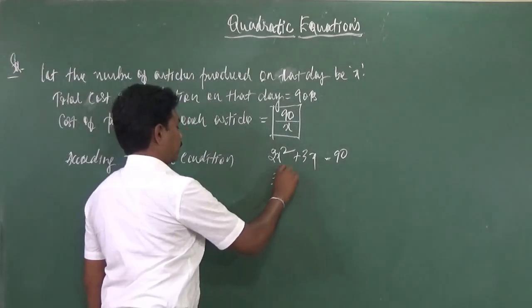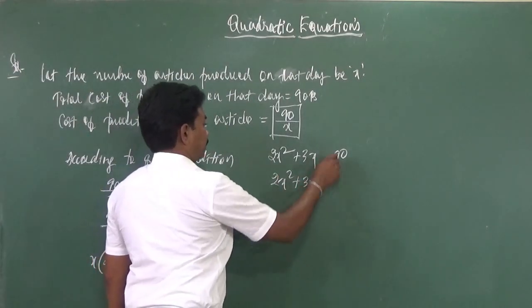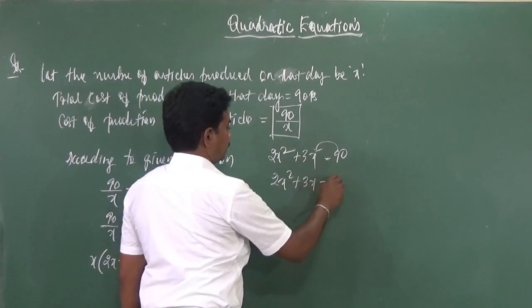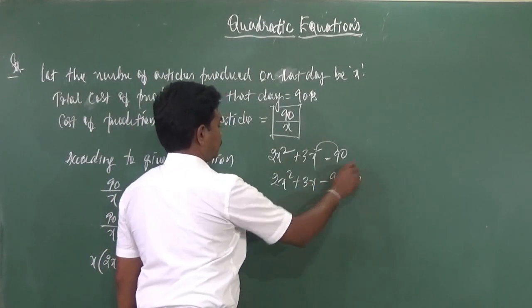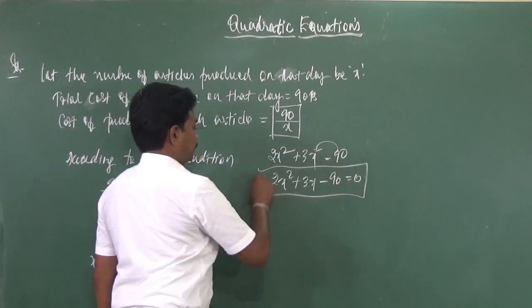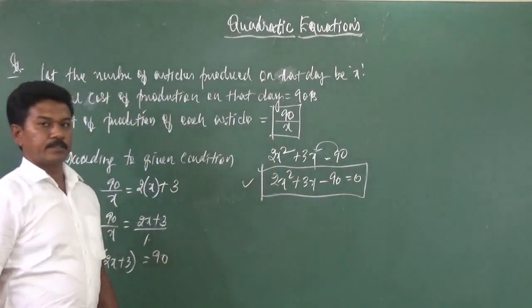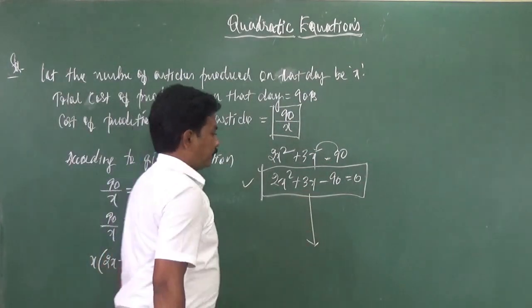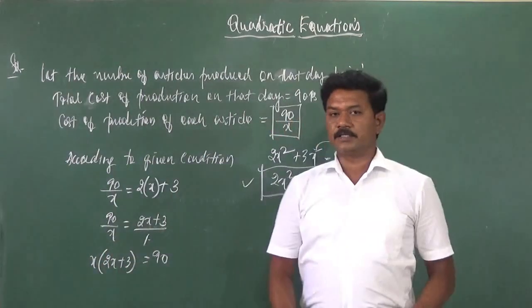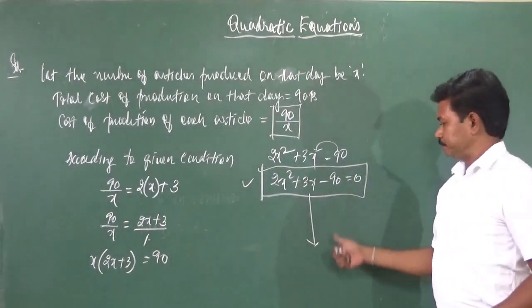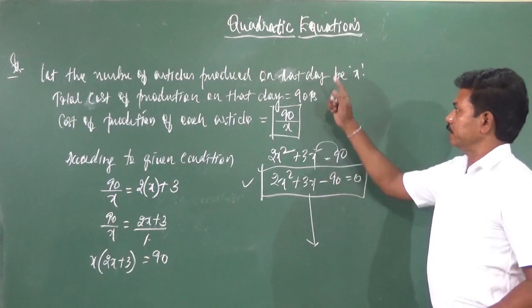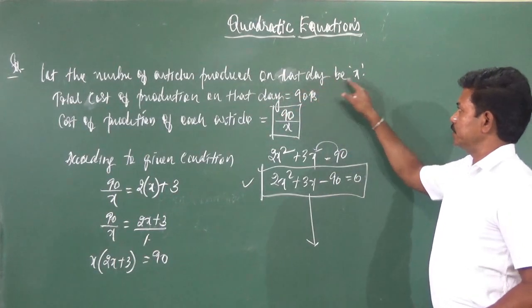Moving 90 to the LHS, it becomes minus 90: 2x square plus 3x minus 90 is equal to 0. So this is the required quadratic equation. We have to solve it by the method of factorization and find the value of x. The value of x you get will be the number of articles produced on that day.